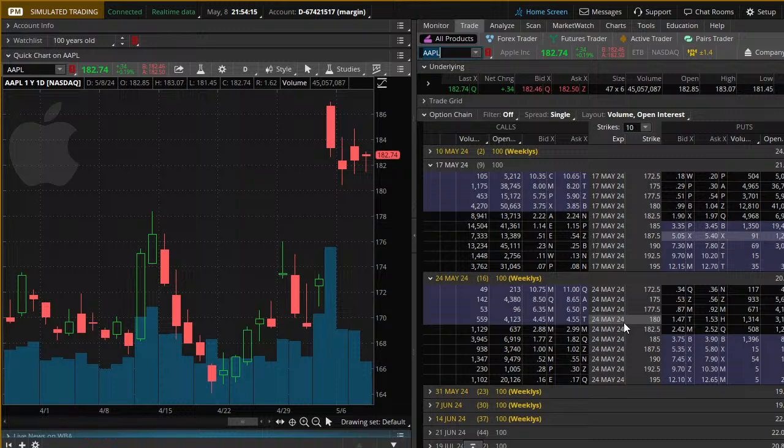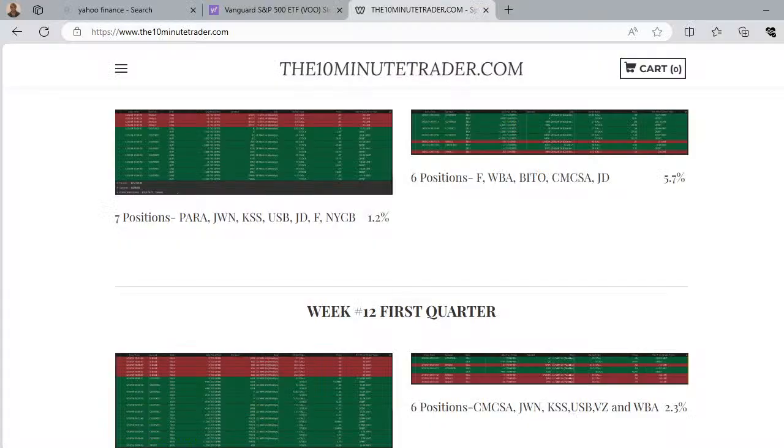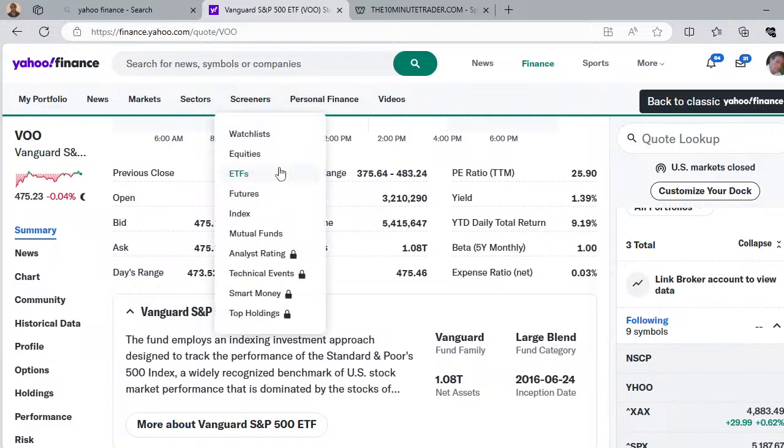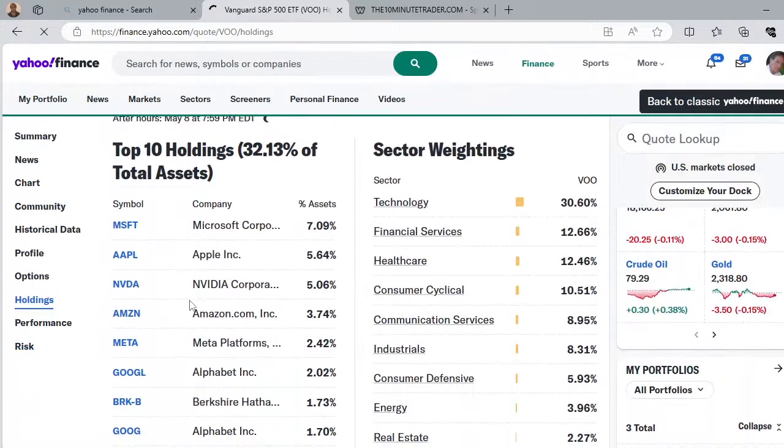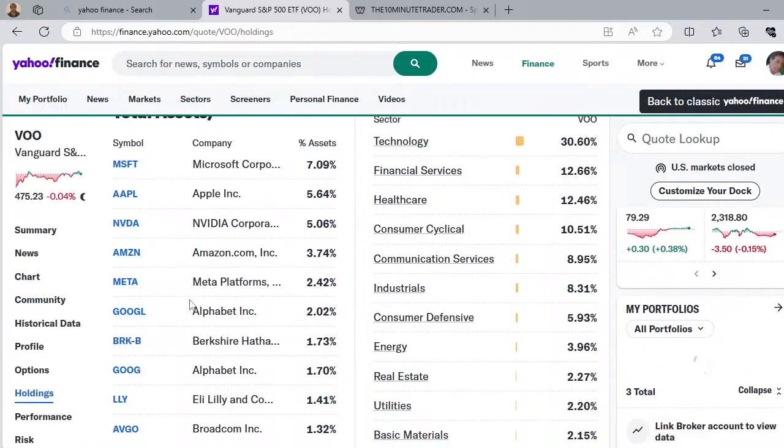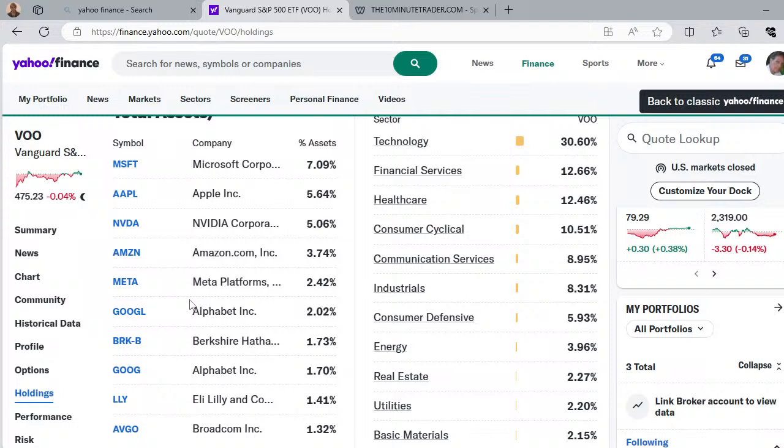All right, so that's why I don't like ETFs. What else do we have in this Vanguard ETF? Holdings. Okay, Microsoft, Apple. I don't do NVIDIA. Way too pricey. The dividends are crap.